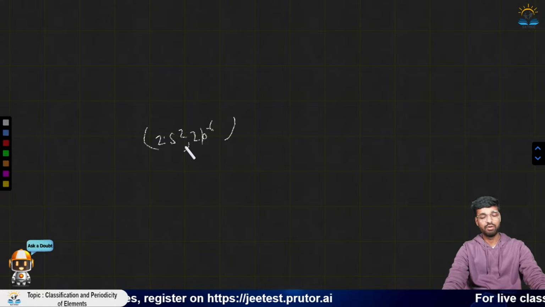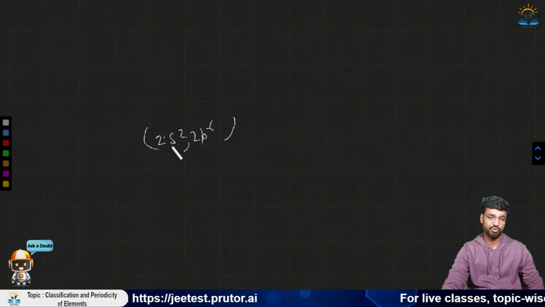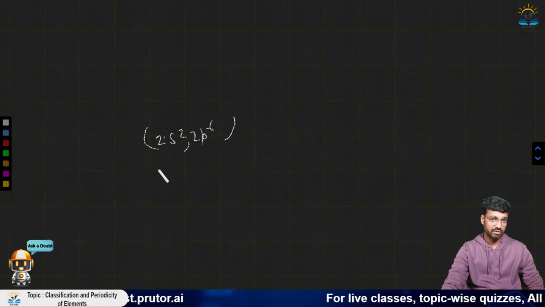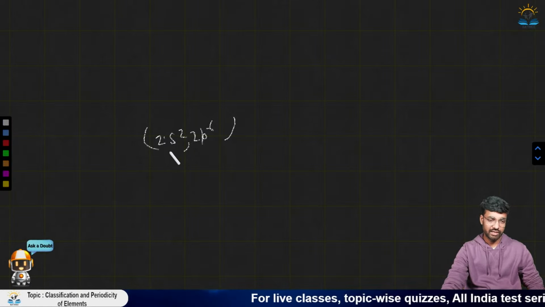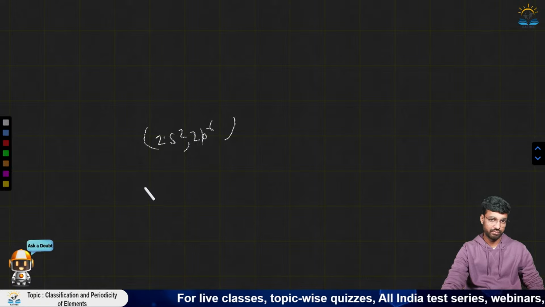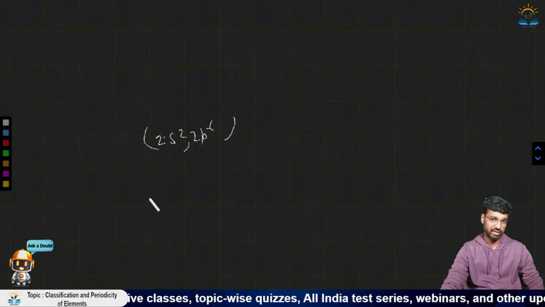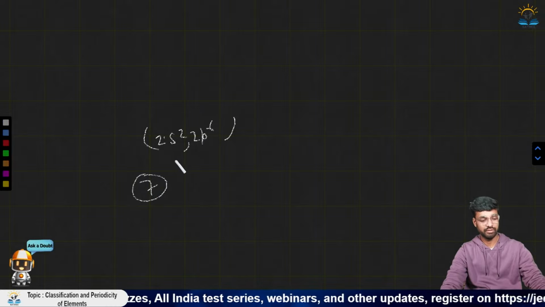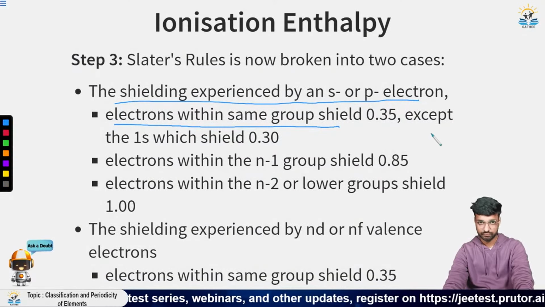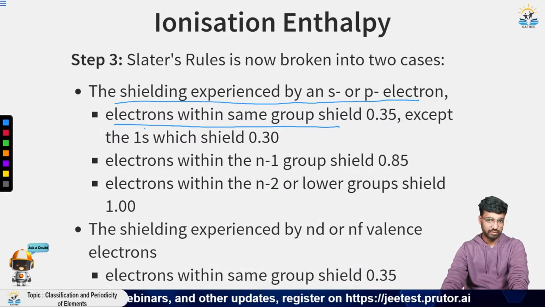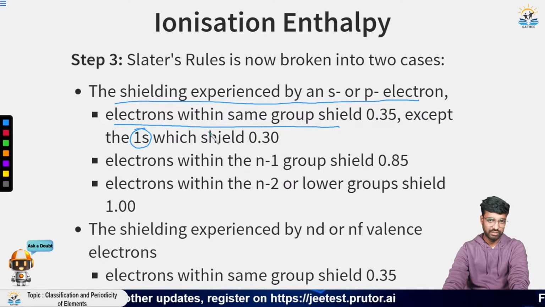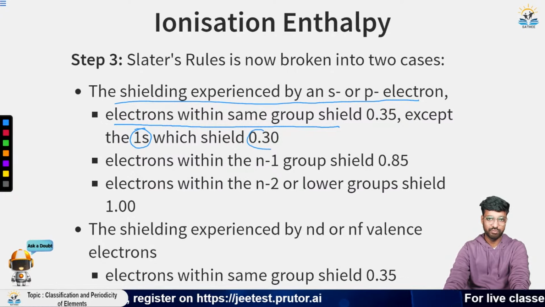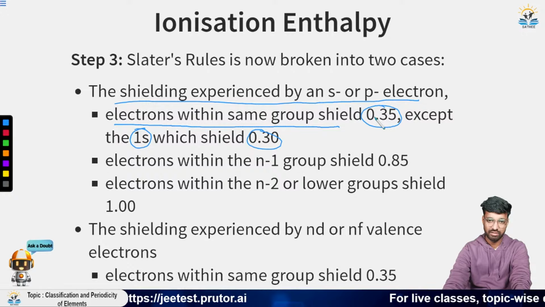Now, if you are told to calculate for the 2s electrons, then you will consider all the electrons of this group except that one. So we will have 7 electrons in total in the same group except this 2s. Now if we are considering it for the 1s, then the shielding effect will be 0.30, and otherwise it will be 0.35.